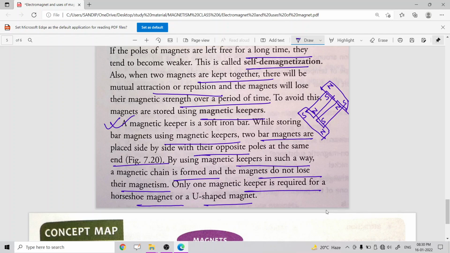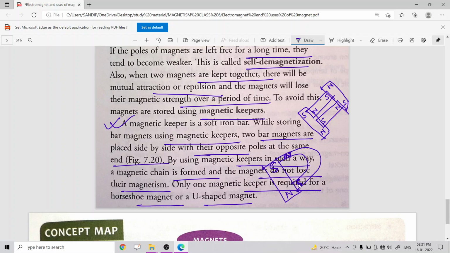Suppose you take a bar magnet, this is your south pole and this is your north pole, then you use one U-shaped or horseshoe magnet; here you place the north pole, and here you place the south pole.